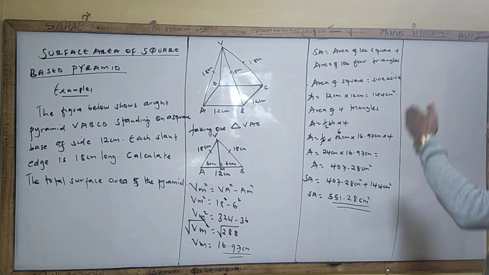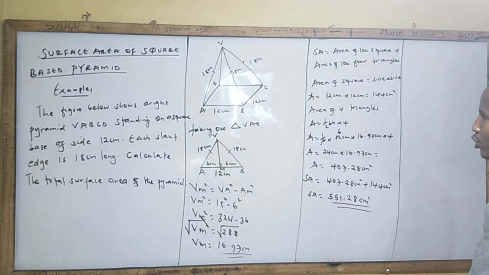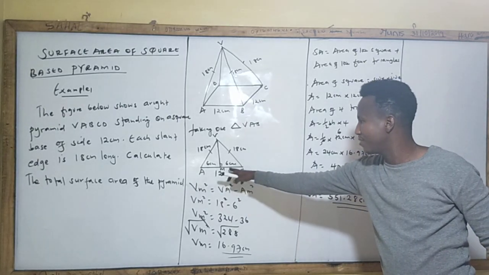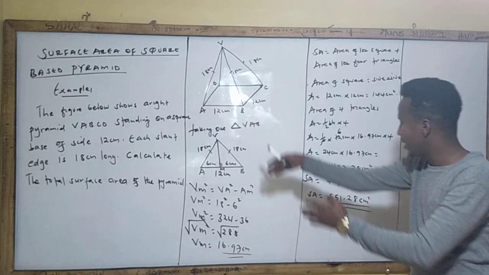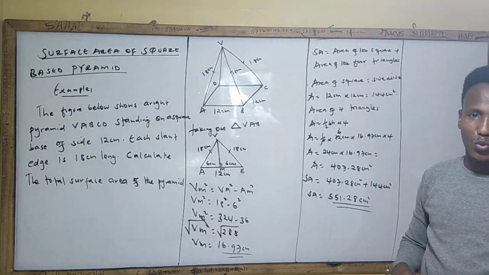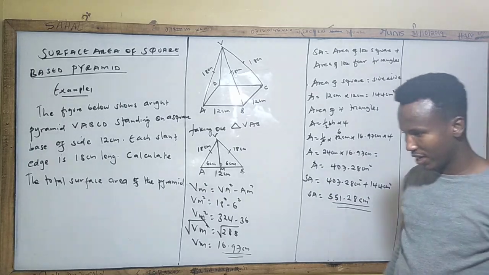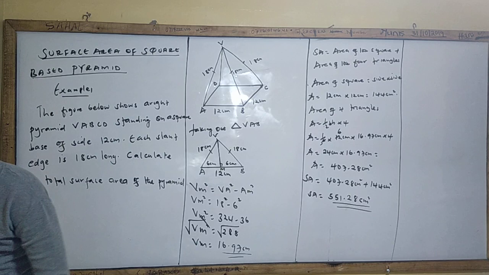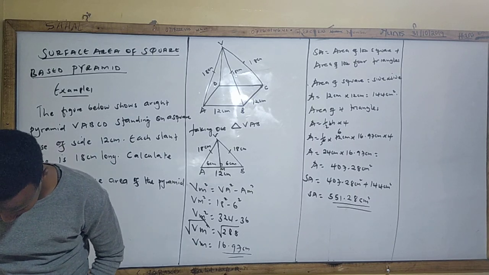You drop a line from V to meet AB and divide it into two equal parts, so we have 6 here and 6 here. Get the height and get the total surface area, which is the area of the square plus the area of the 4 triangles. And remember, the 4 triangles are of equal value.